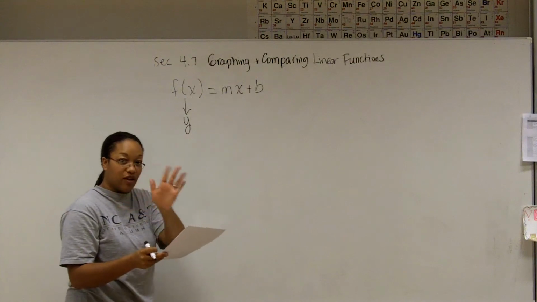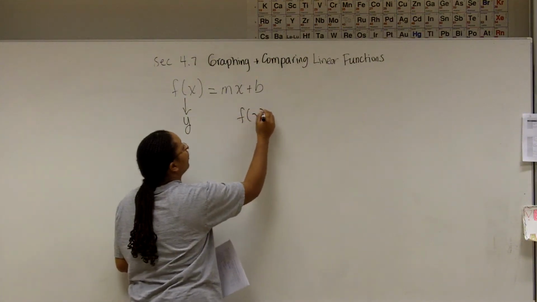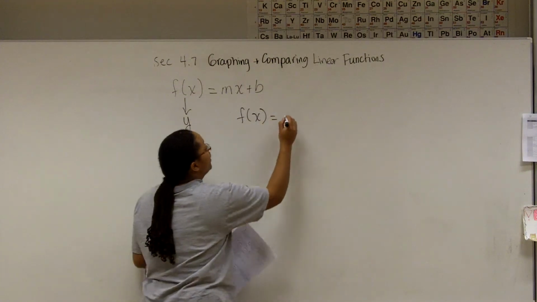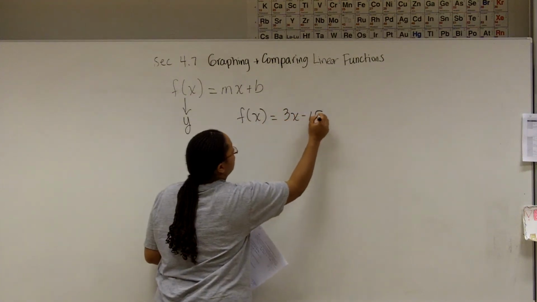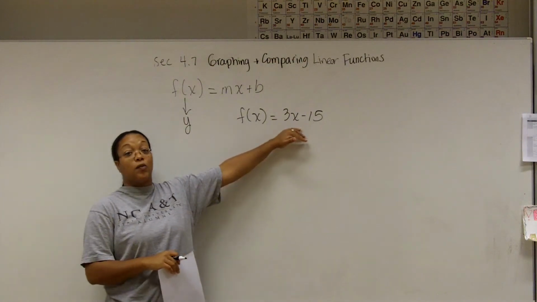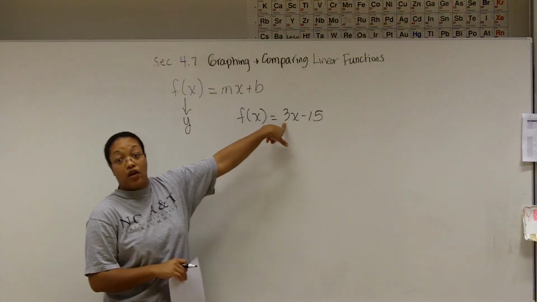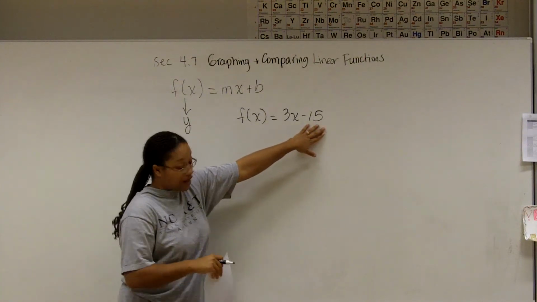For instance, and you don't have to write this down, just watch me. If I tell you that f of x is 3x minus 15, okay? So say I wanted to graph this. There's nothing to solve because it's already in slope-intercept form. You should be able to identify slope and y-intercept.